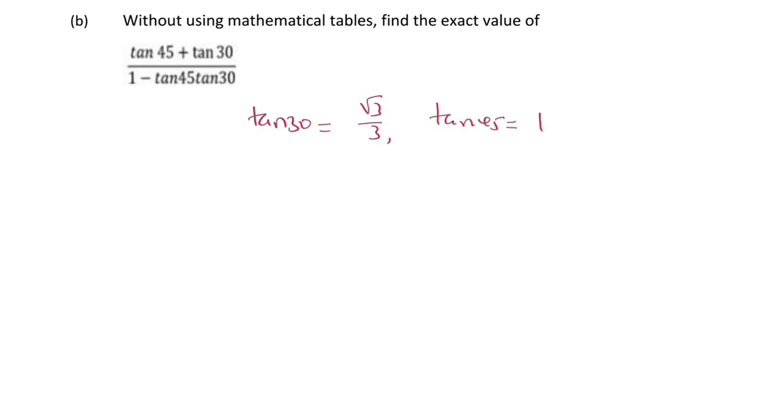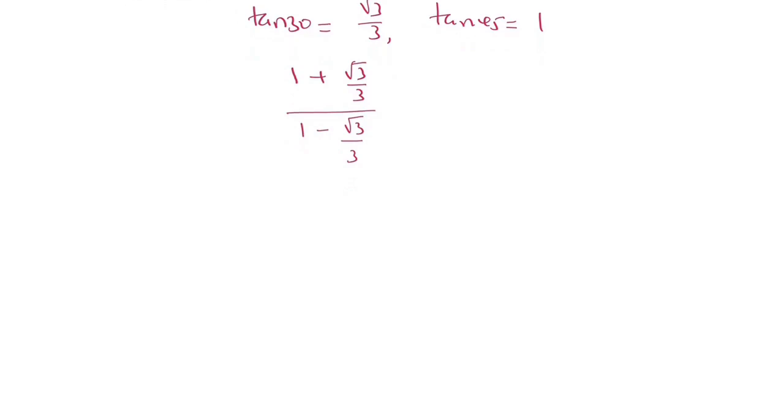Let us now substitute these values into our given expression. Then we are going to have 1 plus under root 3 over 3 over 1 minus under root 3 over 3. Okay, so next let us solve both numerator and denominator.